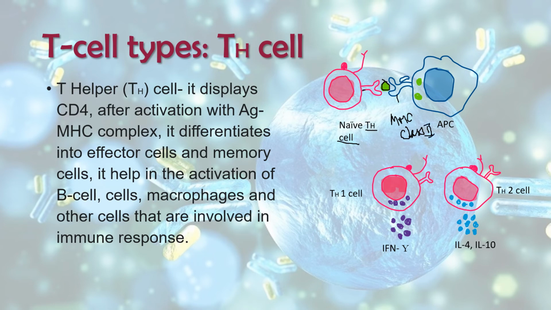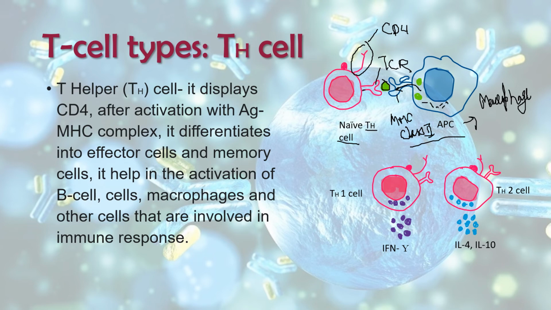Therefore, this antigen presenting cell is a macrophage or any kind of phagocytic cell. This macrophage breaks down the antigen into smaller peptide fragments, which are ultimately expressed by MHC class 2 molecules. Then only this antigen MHC complex is recognized by the T cell receptor. This one is our CD4, which ultimately leads to the formation of a helper T cell.